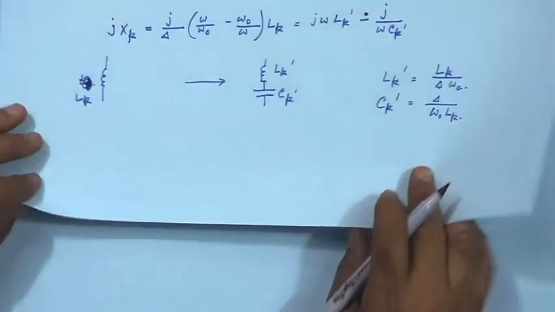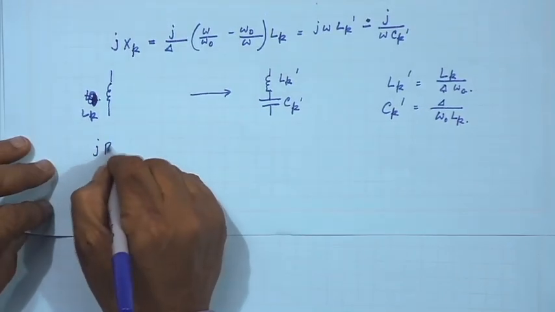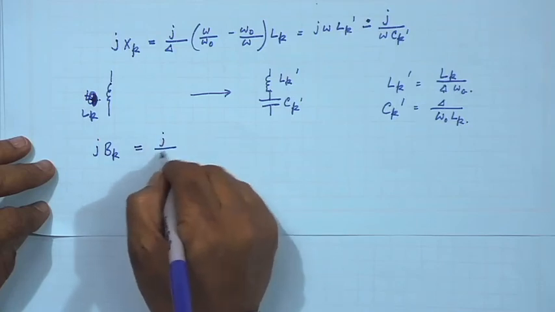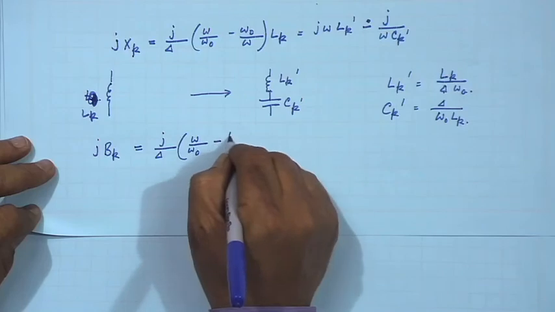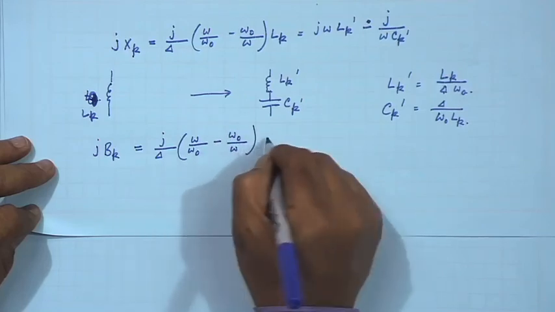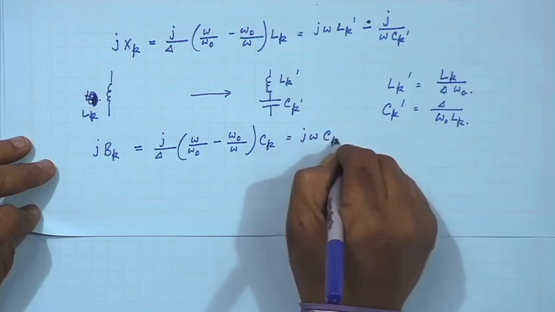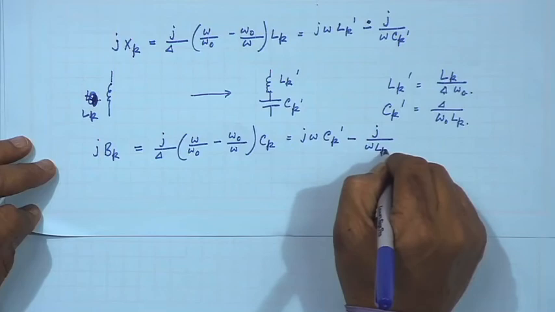Similarly, the capacitor in the prototype, j Bk, its susceptance, will now become j by delta, omega by omega naught minus omega naught by omega, Ck. So, that is j omega Ck dashed minus j by omega Lk dashed.